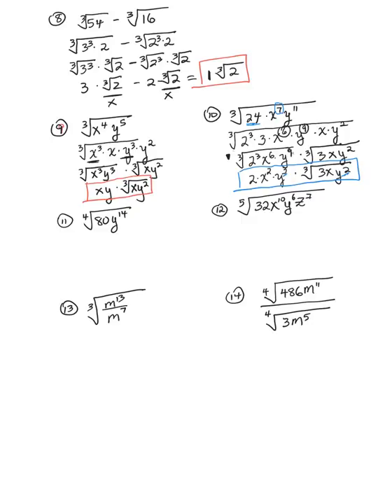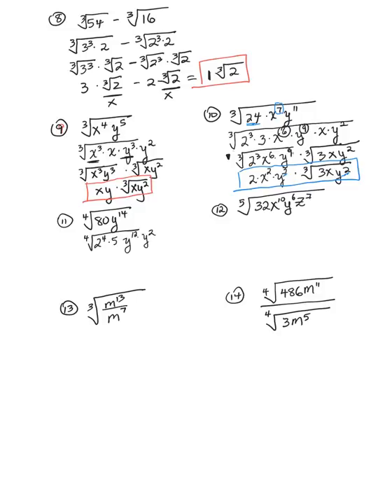So for the next one, the fourth root of 80, well, we would have to prime factorize that, and that's the fourth root of 2 to the 4th times 5. That's 16 times 5. And y to the 14th, well, again, that's y to the 12th times y squared.